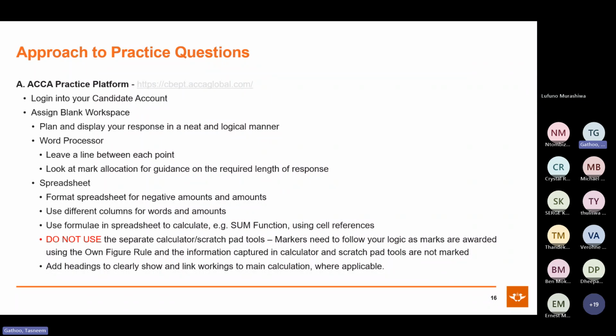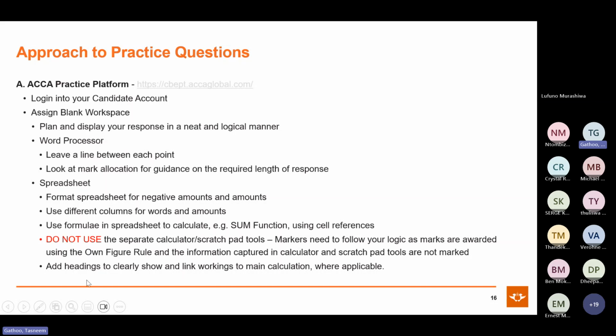They're not going to see what you've put into a calculator. So you may lose part marks by showing it that way. Rather show them in your spreadsheet what your calculation was. You don't need to write out your full calculation, and I'll show you when we go through examples what I mean, just as long as they can see your formulas. But that's another thing that's important for you to practice: those formulas.